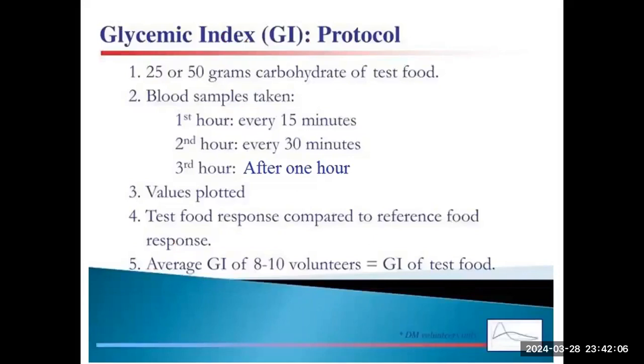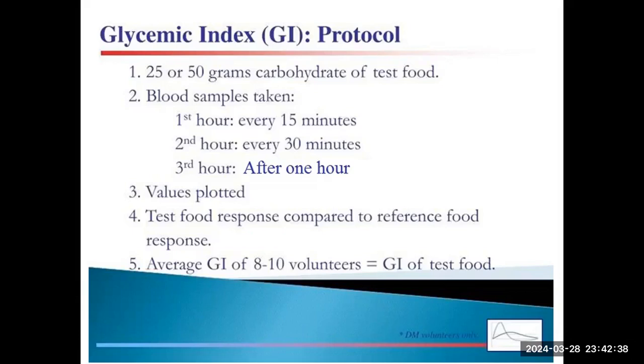Glycemic index, how one can determine. If you want to determine the glycemic index, you have to take 25 to 50 grams of carbohydrate test food. Take blood samples in the first hour every 15 minutes, and in the second hour every 30 minutes, then plot the values, test food response compared to reference food response.